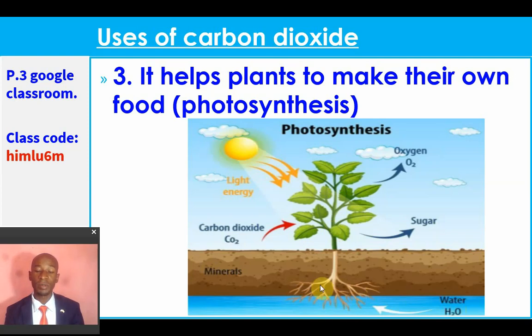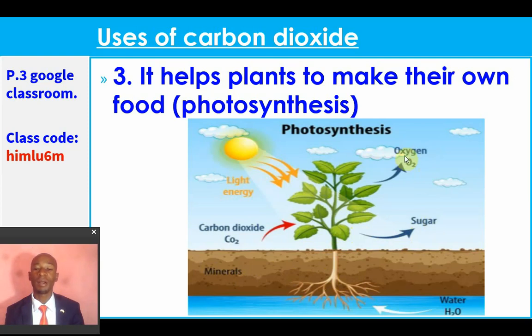So the roots will keep absorbing the water, and this light coming from the sun, together with the help of carbon dioxide, the plant starts to make its own food, together with the minerals that are within the soil here. So sugar or glucose is produced in the plant, as well as oxygen.